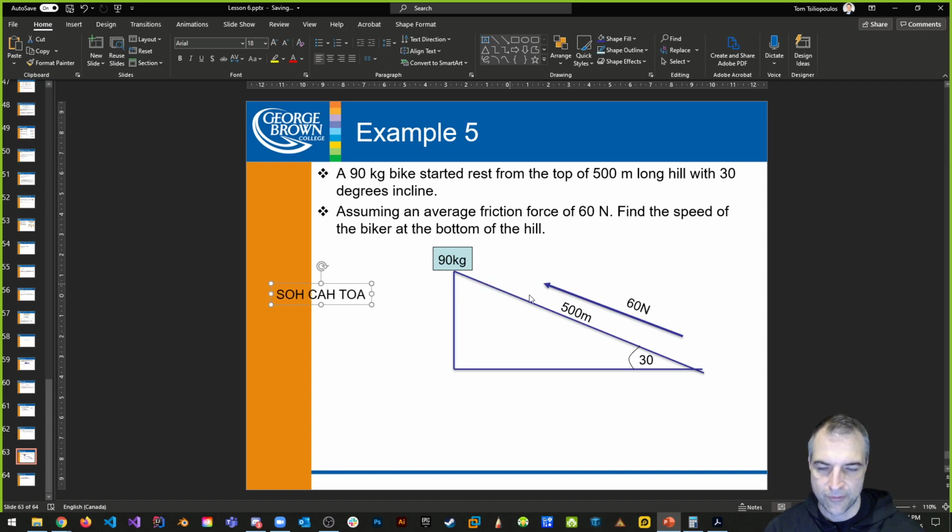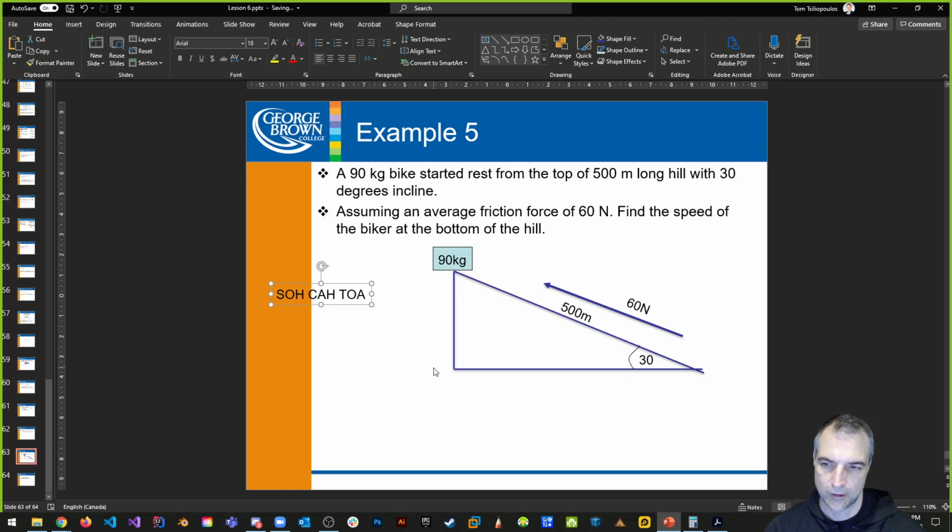So if I have the hypotenuse, right, and I want to find the opposite, what I want to find is the sine of 30 degrees is opposite over hypotenuse, right?